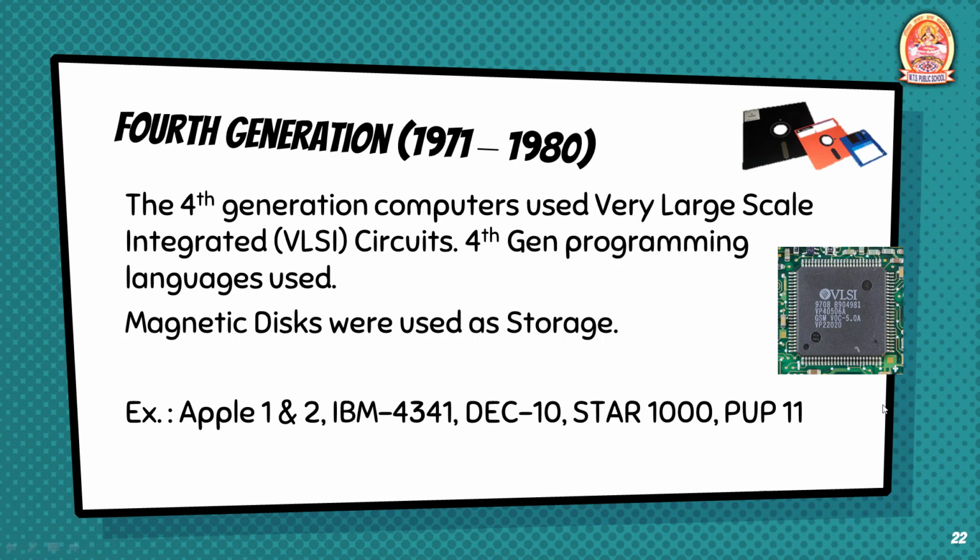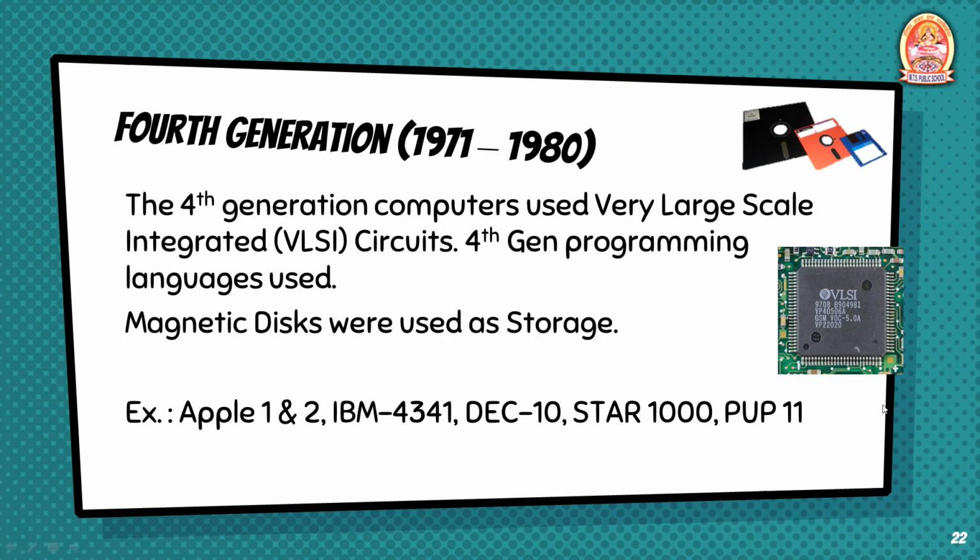Magnetic disks were majorly used to store data. Floppy disks are magnetic disks which have very little storage capacity, like 3 MB. For your information, a high resolution photograph takes more than 3 MB of disk space.